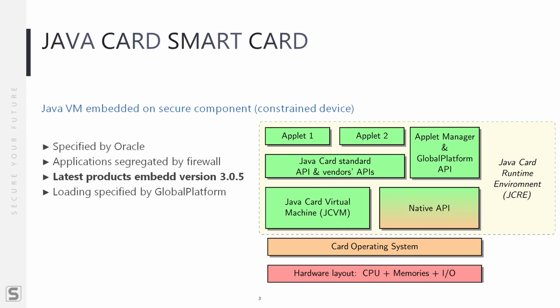The Java card virtual machine allows several applications to be loaded onto the same device while being segregated by a firewall, preventing an application from accessing data belonging to other applications. Today, most of the Java card products implement the Java card specification 3.0.5. Application loading is specified by GlobalPlatform.